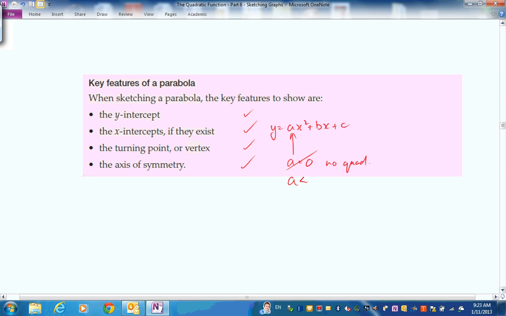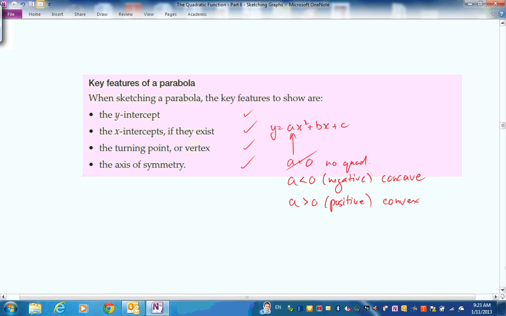If a is less than naught, that's a negative, then it is concave shape. Okay, if a is greater than naught, that's a positive, we say in front there, then it is convex or concave up.